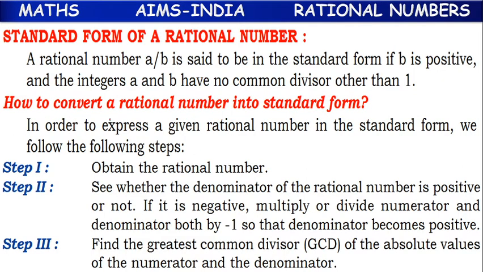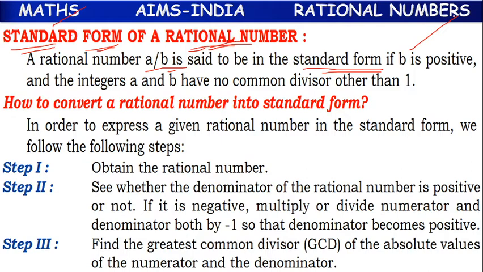Okay. Next, we have one more thing which is called the standard form of a rational number. Just now we have learned about lowest form. We have one more thing called standard form. A rational number a by b is said to be in standard form if b is positive.